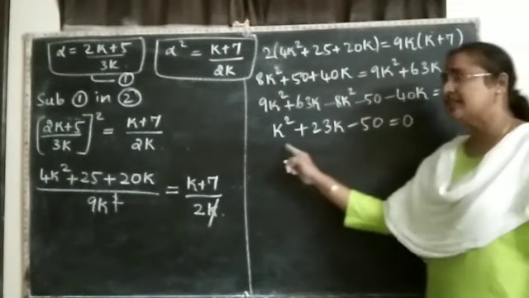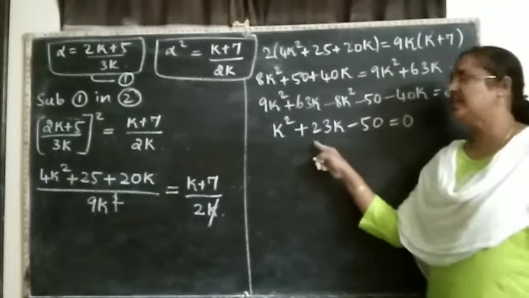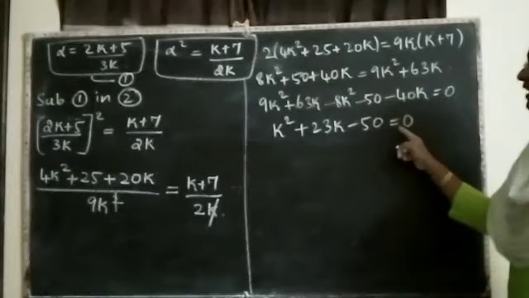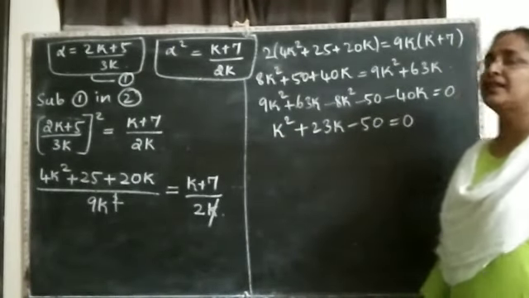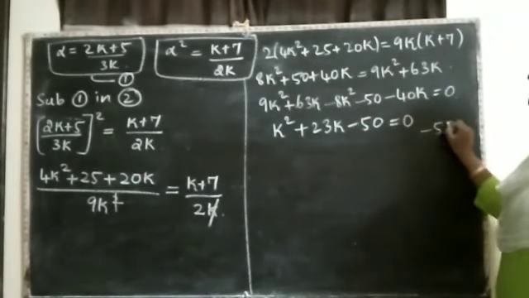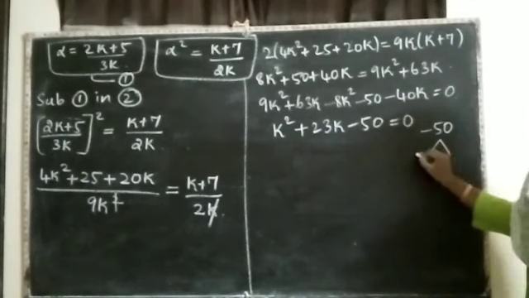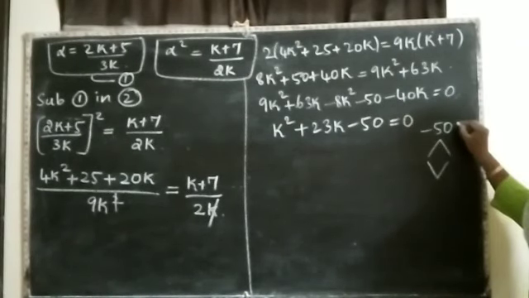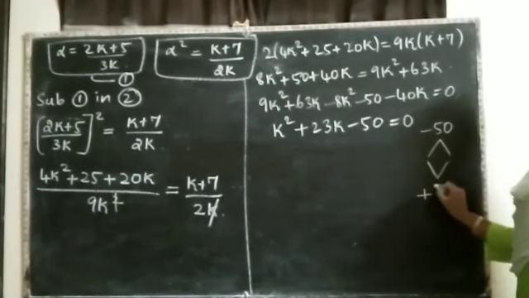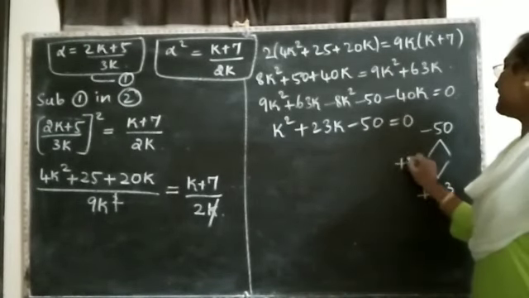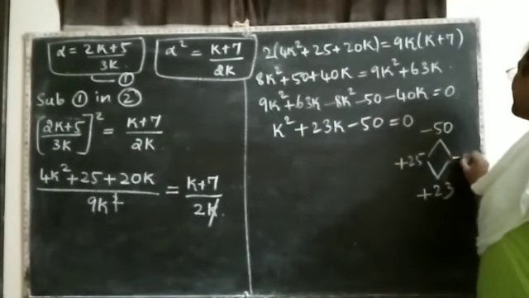Now it has reduced into a simple quadratic equation and we are going to factorize this and find the value of k. I have to split this into two numbers such that when I multiply them I get minus 50, and when I add them I get plus 23. So it is plus 25 and minus 2.